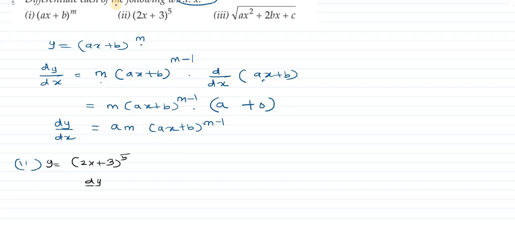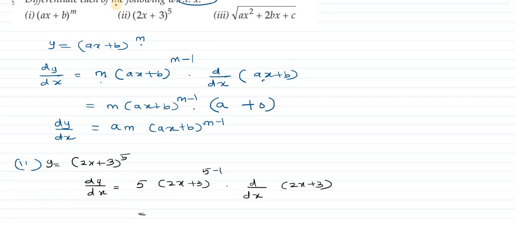So first is what? Dy by dx power. So 5 into 2x plus 3 to the power 5 minus 1. Then the function I have to differentiate. So it is d by dx of 2x plus 3. So 5, 2x plus 3 to the power 4 into 2 plus 0. So it is 10 into 2x plus 3 to the power 4. Directly you can write this because these are all simple 1 mark sums.